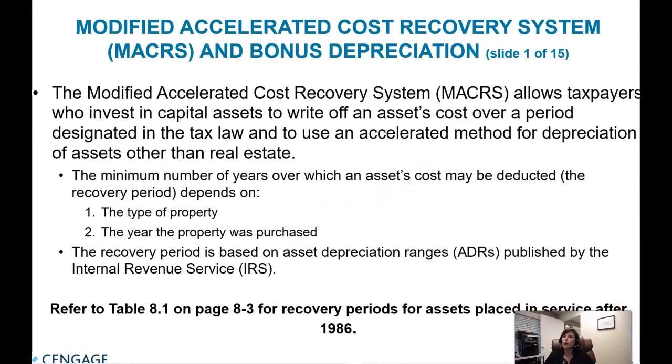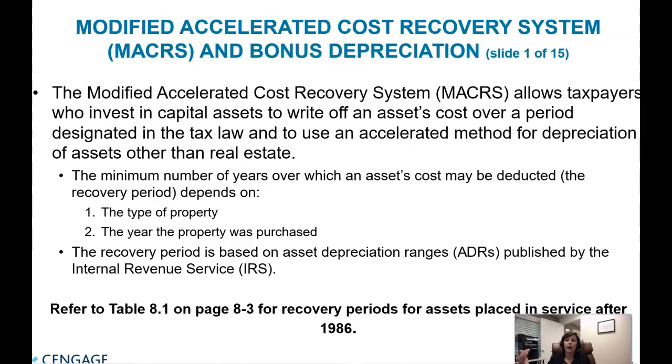Now we get into the Modified Accelerated Cost Recovery System, otherwise known as MACRS. MACRS depreciation allows us to take the bulk of the depreciation expense in the earlier parts of the item's useful life, under the theory that when we first buy something, we're quite likely going to use it a lot in its initial years and maybe less as it gets further toward the end of its useful life.